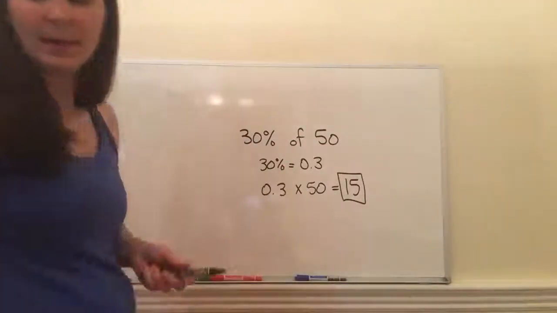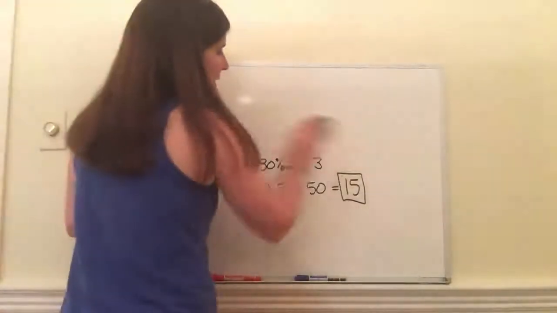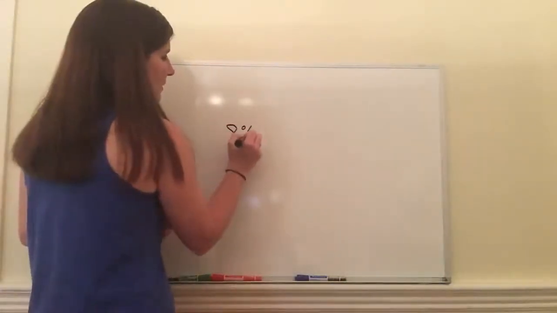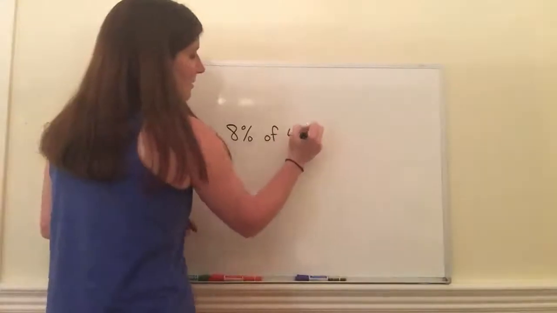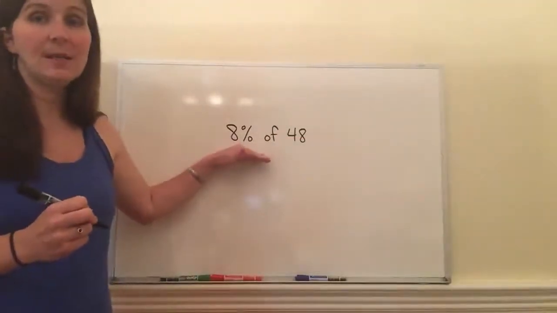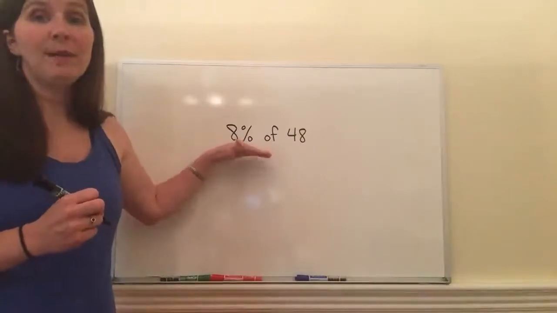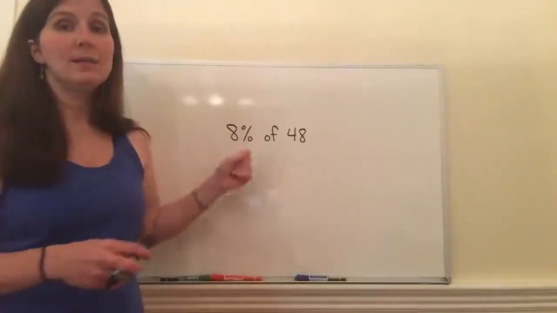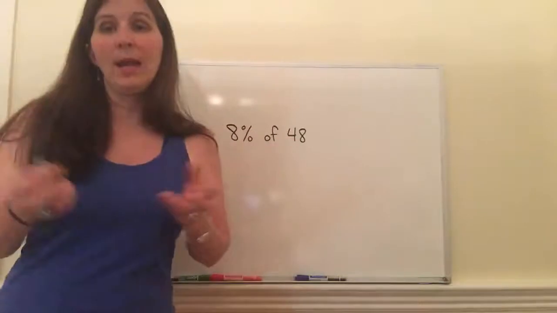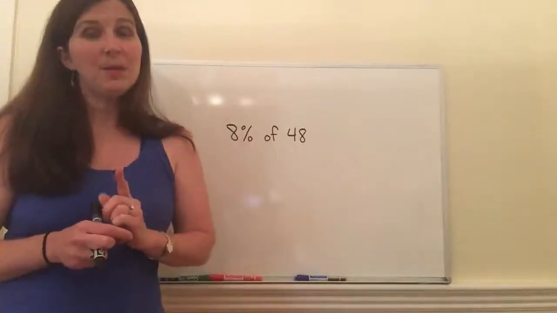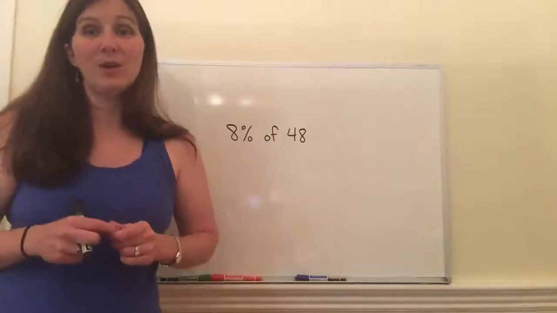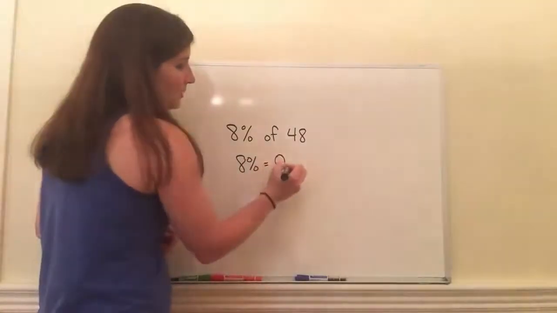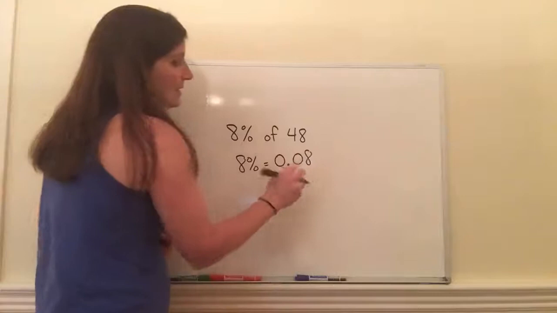Okay, the next one is 8% of 48. So if I say 8% of 48, I'm going to start off by changing my percent into a decimal. When you have a percent that is less than 10, you have to be very careful, because one common mistake is you see 8% and you say 0.8. But if you type it in your calculator and you say 8 divided by 100, 8% is actually the decimal 0.08.